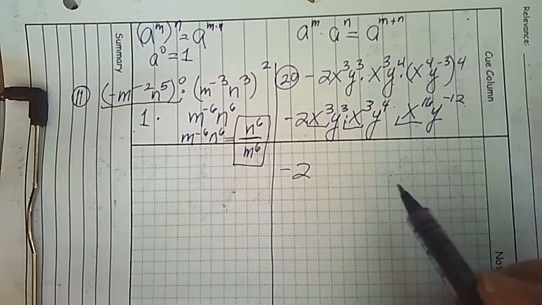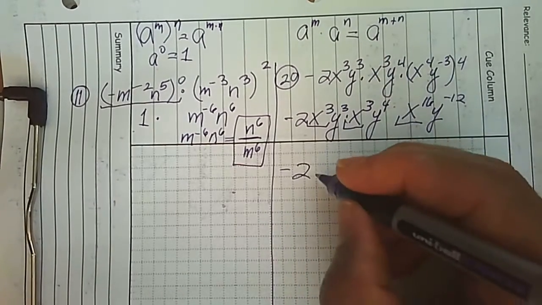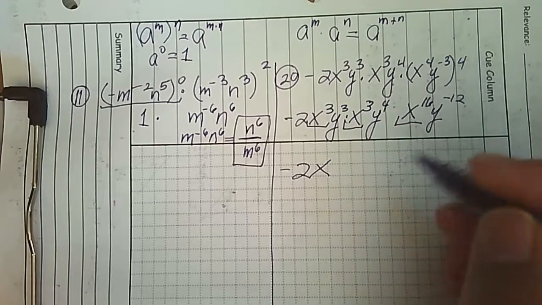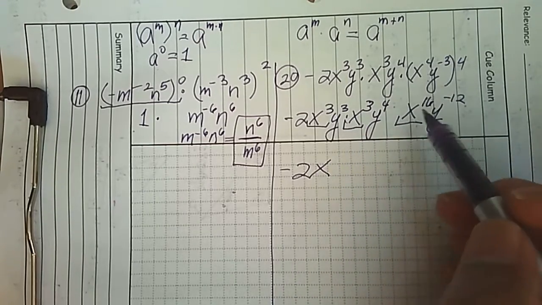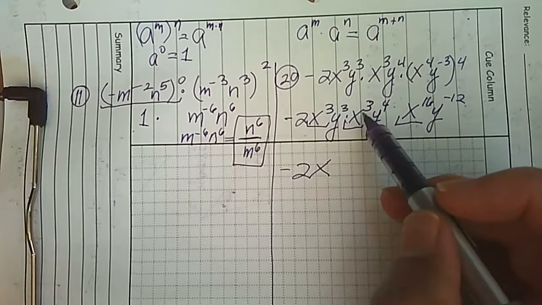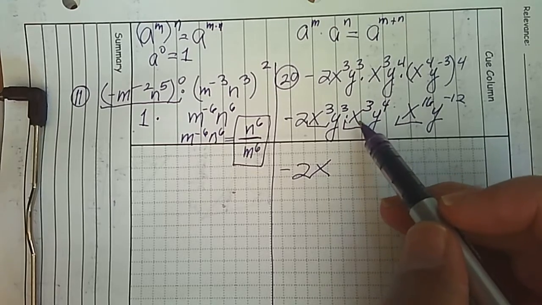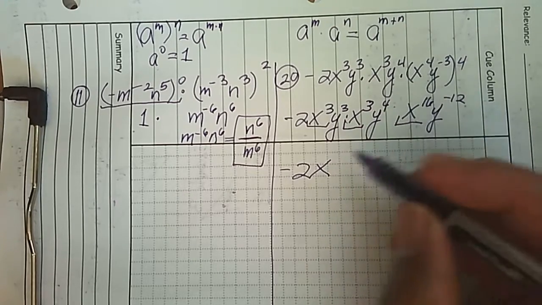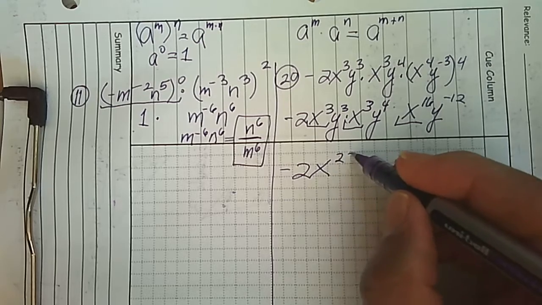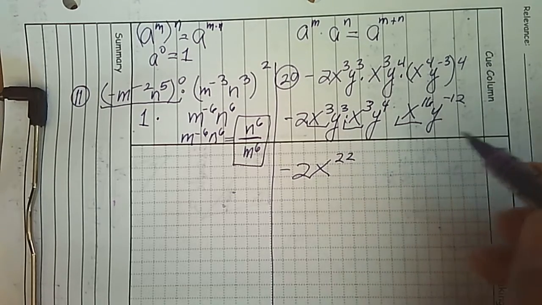Okay? So when I do the x's, the base will be x. Then you add the exponents. 3 plus 3 plus 16. 3 plus 3 is 6. 6 plus 16 will give you 22. So that's x to the 22nd power.